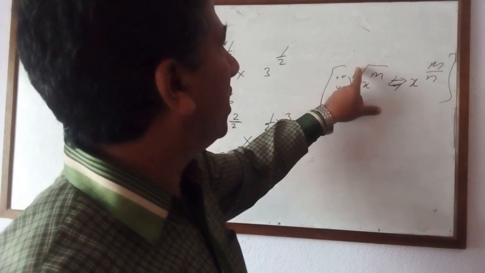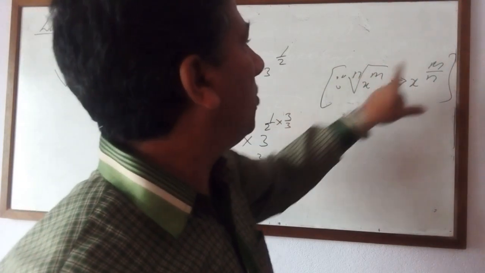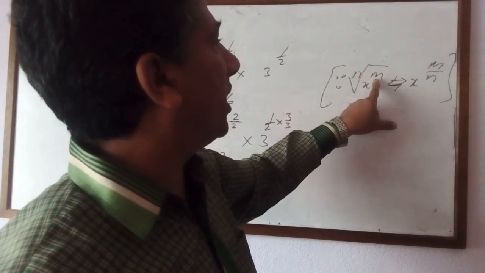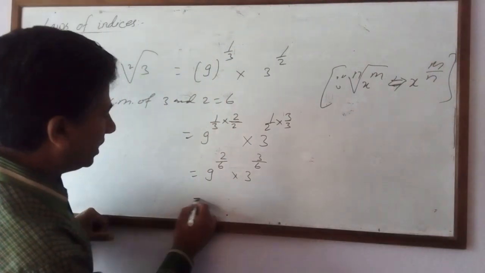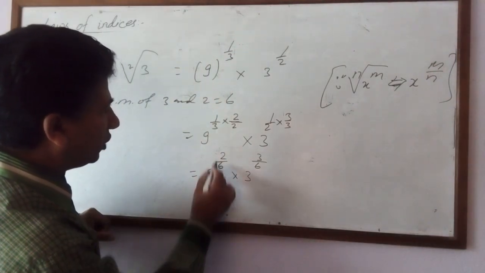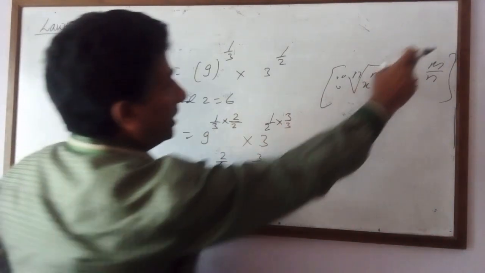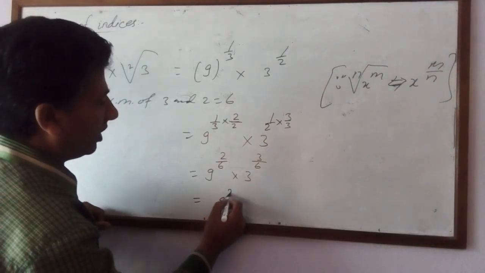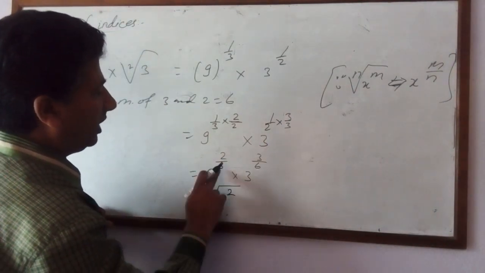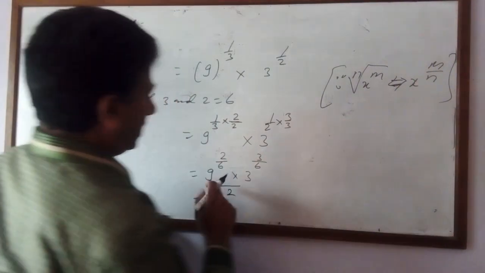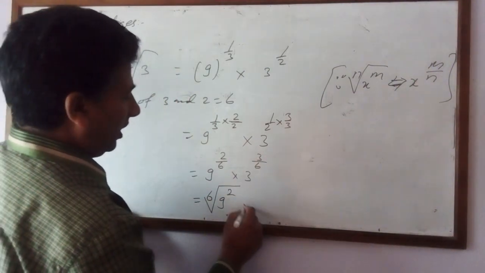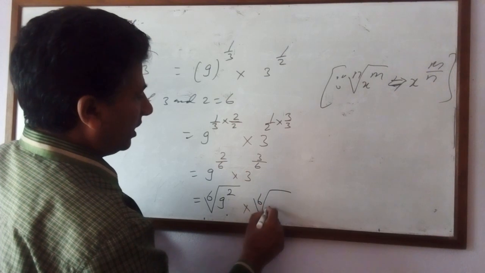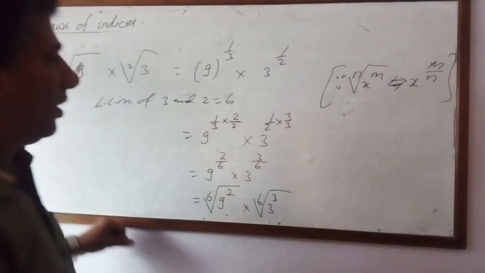This n will be the radical index, this m will be the power. Here, for 9, in place of m there is 2, and in place of n there is 6, and here also 6, with 3 as power 3.